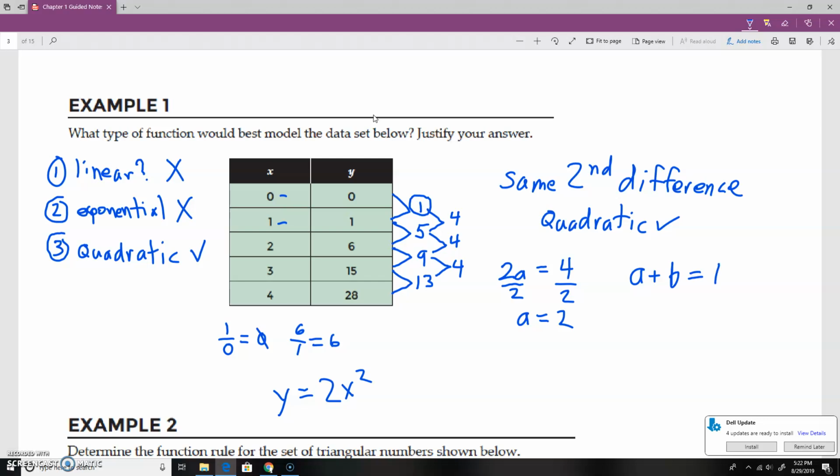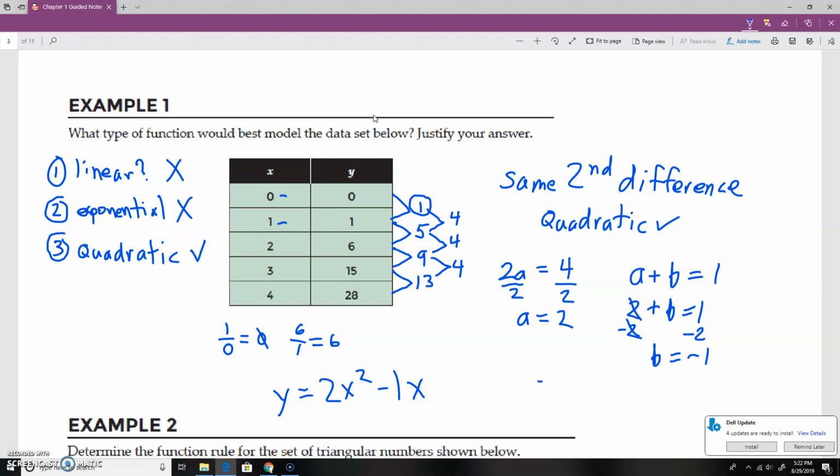Now if I plug in what I have for a, 2 plus b equals 1. Now I need to solve this for b. I'm going to subtract 2 from both sides, and I get b equals negative 1. So I have 2x squared, and my b is negative 1, so I have negative 1x.